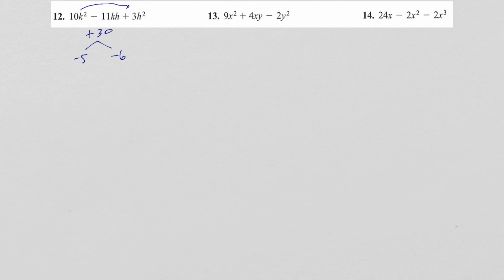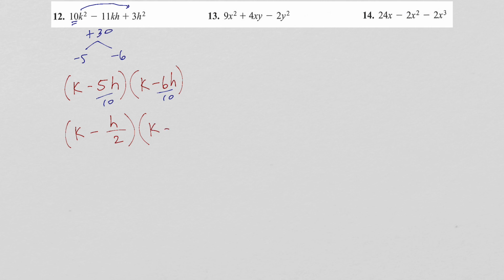So now here's how I do this. I go k minus 5h, and I have to throw on that h now. K minus 6h. And then I'm going to divide by what I slid over. And I'll reduce if I can. Dividing by 5, I get h over 2.